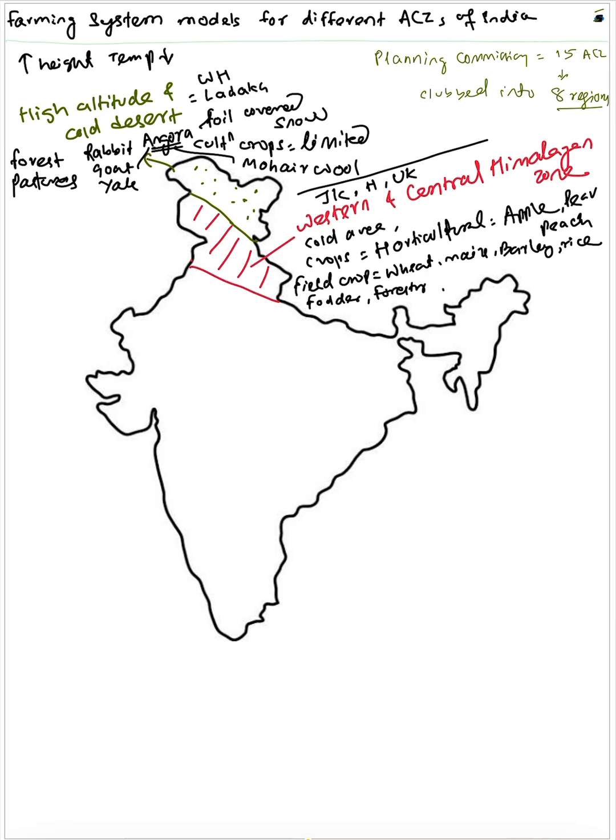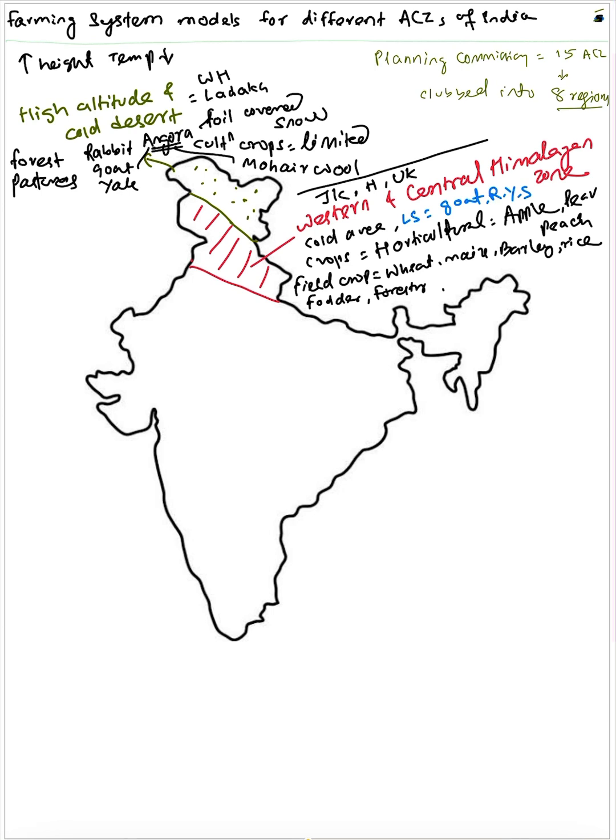And among the livestock, mostly the same, that is goat, which will resist a somewhat cold region. You can go for goat, rabbit, and yak, and in some cases sheep. So this is the major livestock in this western and central Himalayan zone.